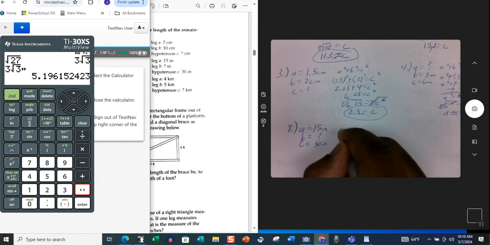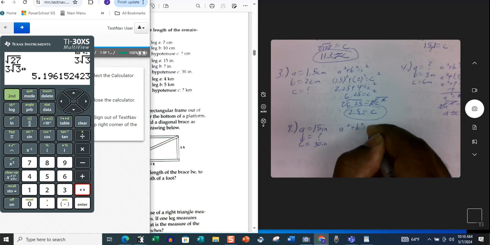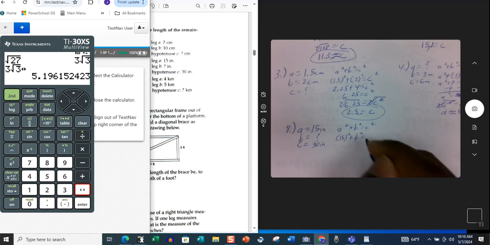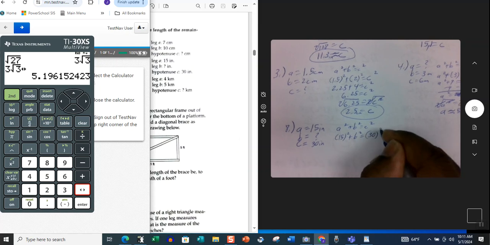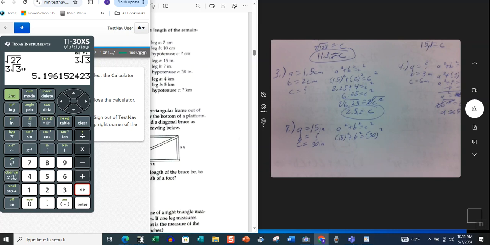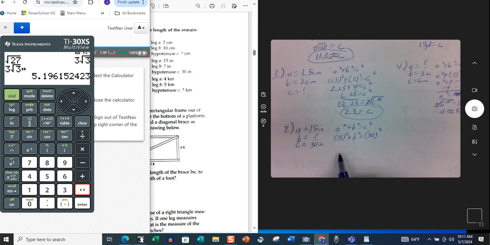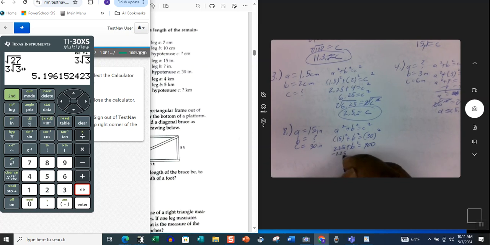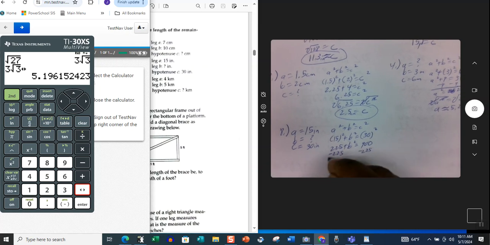Okay, so now we have A squared plus B squared equals C squared. A is 15 squared plus B squared is equal to 30 squared. So 15 squared will equal 225 plus B squared equals 30 squared, which would be 900. We'll subtract 225 on both sides.